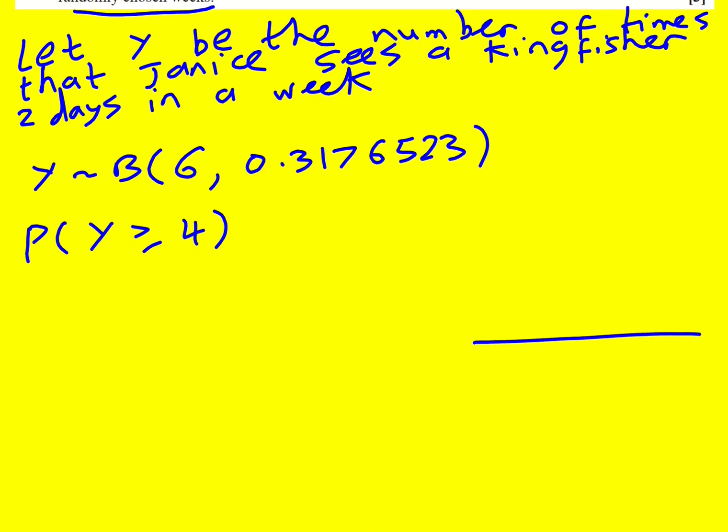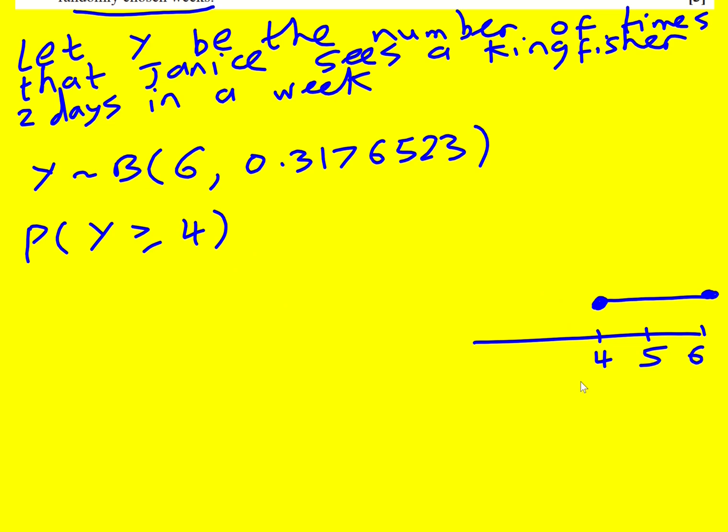So if I draw this on a number line, I've got 4 here, and then I've got 5 and 6. So one way of doing this is to just find the probability when y is 4, add it to 5, and add it to 6.